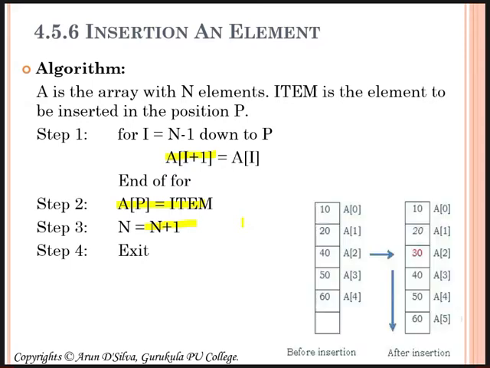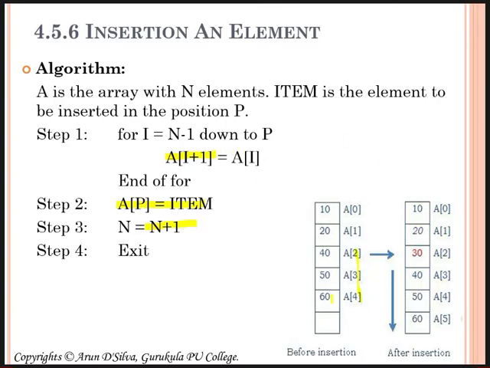How exactly is this? Look at this diagram which I just discussed with you. First you start with the for loop, I from n minus 1 down to P. This array has 5 elements, so n minus 1 is 4. From here you start, and the loop goes only through these 3 locations, because P is 2.